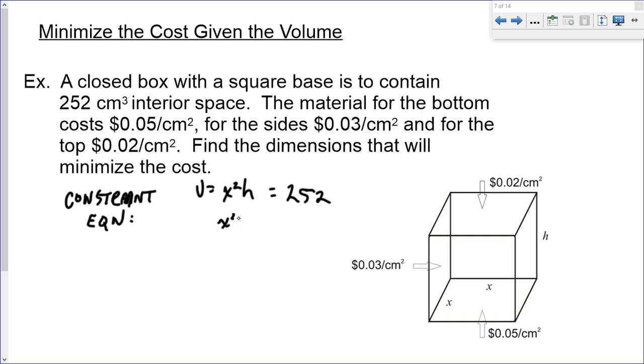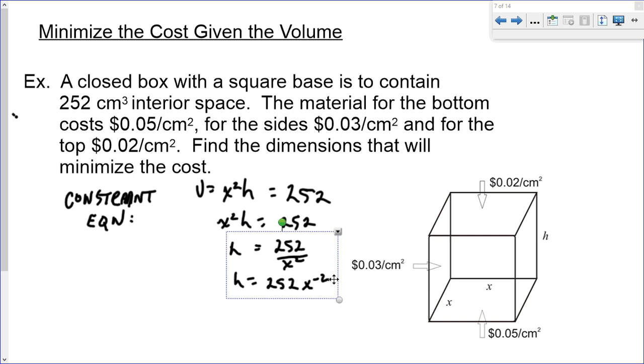So it's x squared times h is 252, and I'm going to solve for h here. Okay, and that's 252 over x squared, or 252 x to the negative 2.